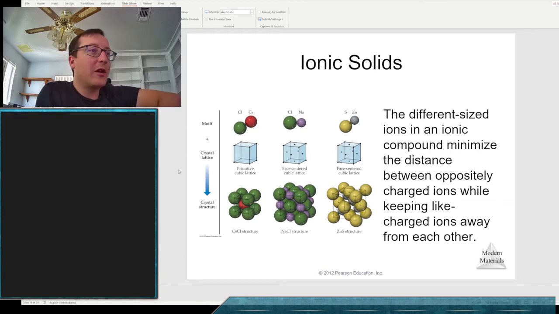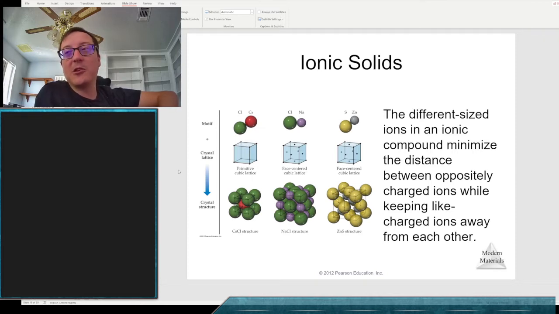For sodium chloride and zinc blend, which is the zinc sulfide, those are face-centered cubic, and those actually have different numbers of atoms relative to each other, because the zinc and sulfur have different size ratios compared to the sodium and the chloride.